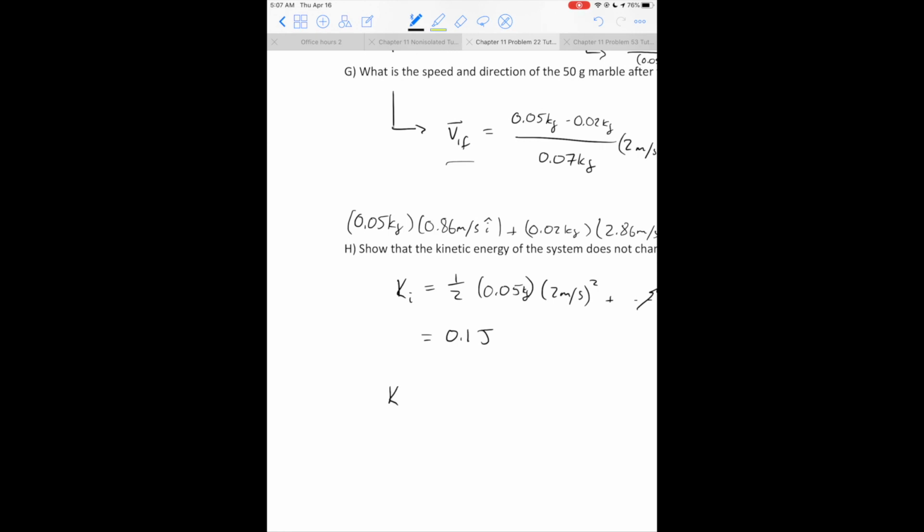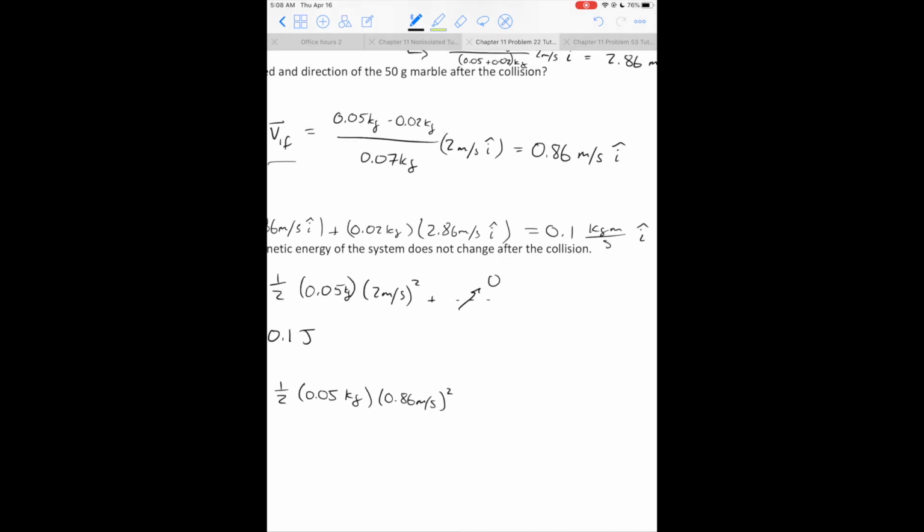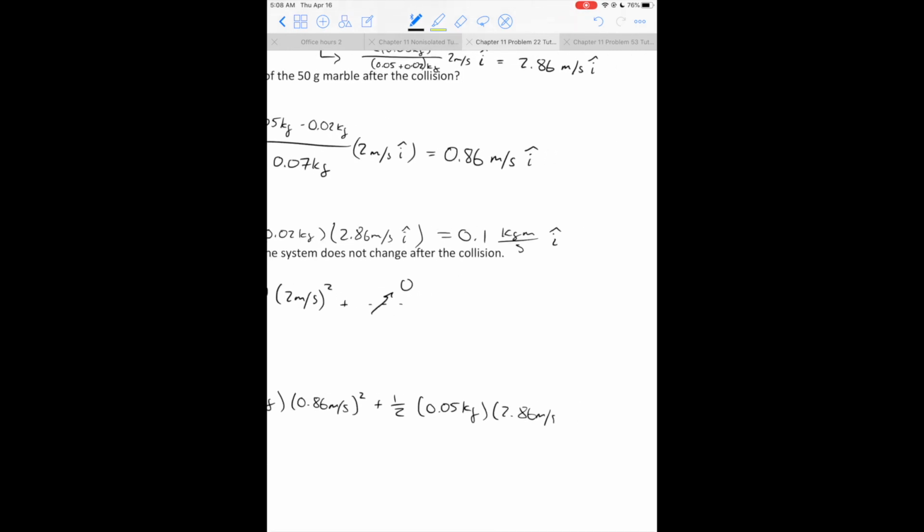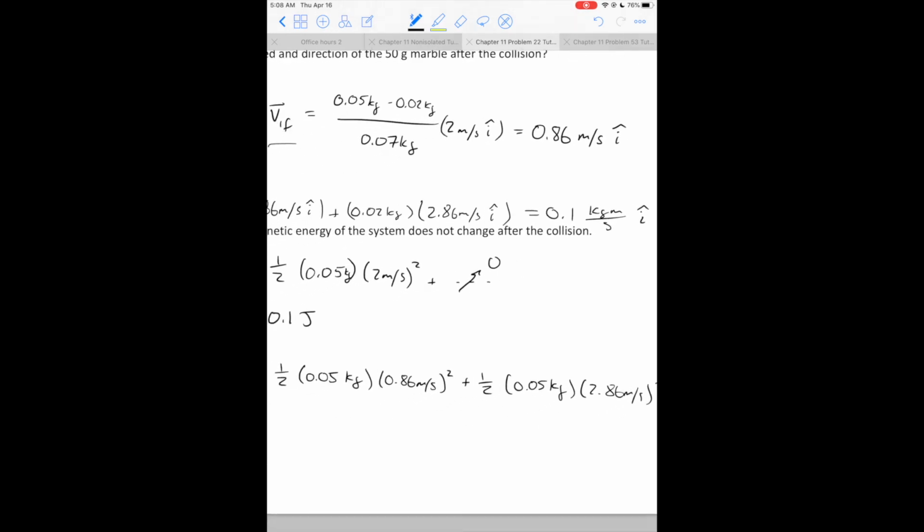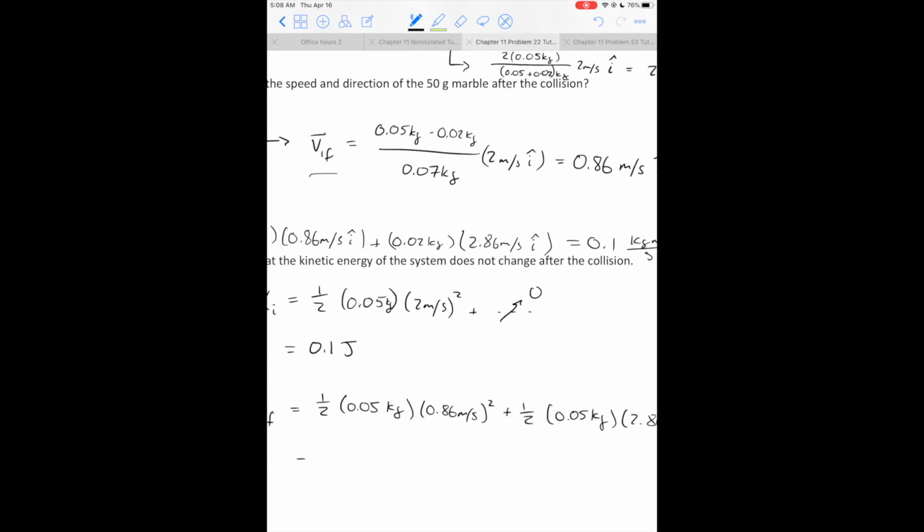I can think about KF. KF is 1/2 times 0.05 kilograms times 0.86 meters per second squared plus 1/2 times 0.02 kilograms, now I do have this other marble that is moving, times 2.86 meters per second squared. And when I calculate this out, I get about 0.1 joules.